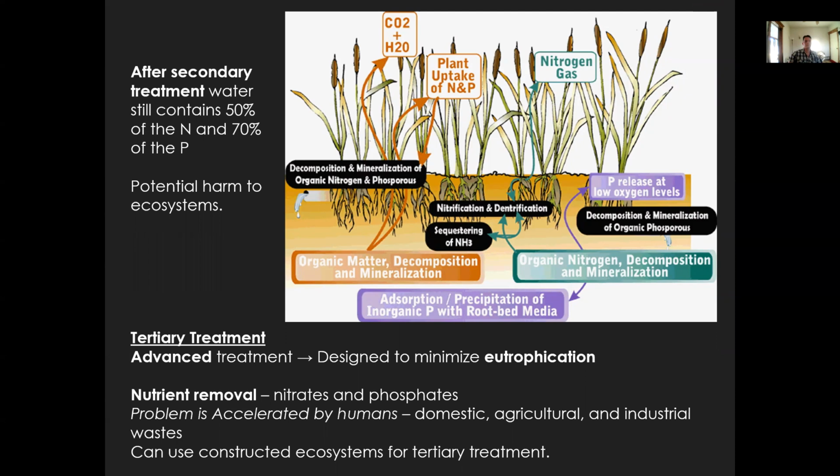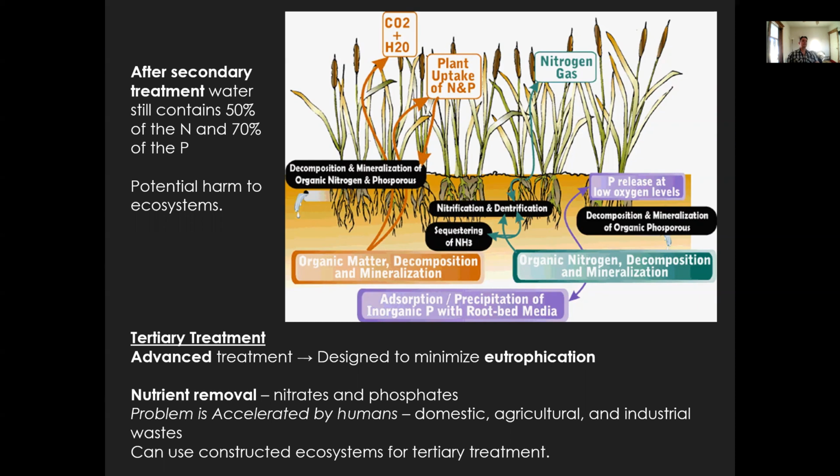However, should there be an increase in nutrients in these streams, this can lead to additional problems, as you are now just pumping a bunch of nitrogen and phosphorus into these streams. So you're essentially just adding a bunch of fertilizer to the stream, which would lead to eutrophication. If this is the case, additional treatment may be required.